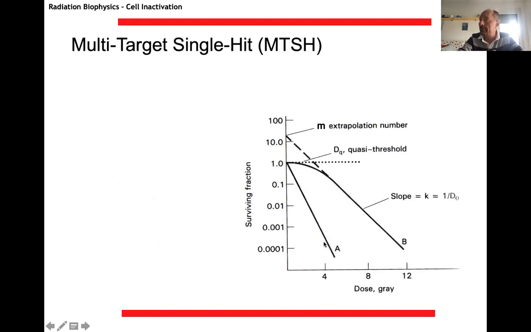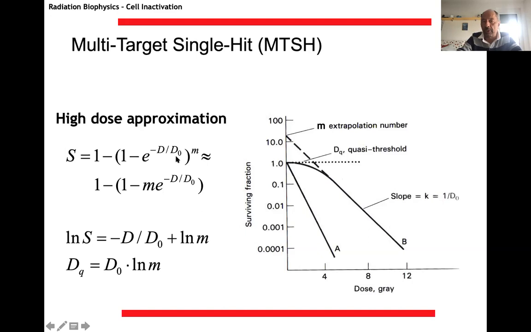It looks quite good. You see, it looks quite good because this is a linear single hit, single target. But if you have single hit multi-target, it will be nicely shaped like that. The slope of the curve is 1 over D0, and there is an extrapolation number M. So M is the limit for D going to 0, the extrapolation here.